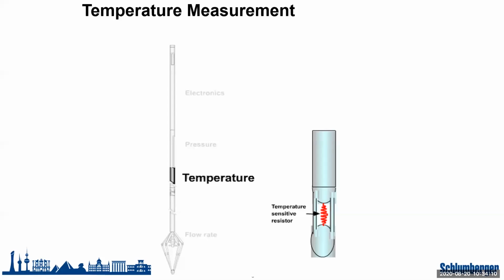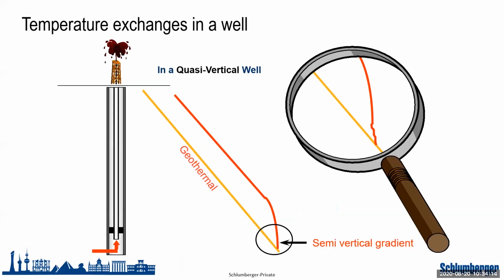Whenever we look into a well, we will have what we call a geothermal gradient, and any entry or exit of fluid is going to alter it. It's going to vary from the geothermal gradient.